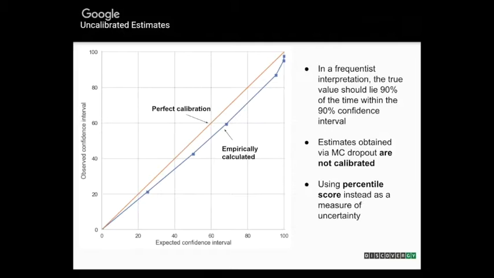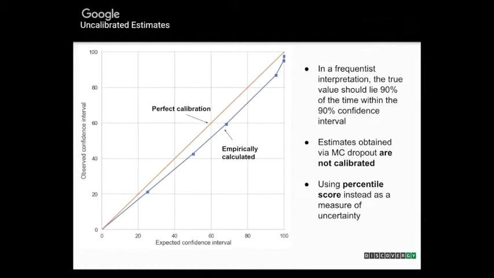So this seems promising, but the question was, are these estimates calibrated? Because if they're not calibrated, we can again start making errors. To test that empirically, you would assume that if you have a 90% confidence interval around a prediction, you would expect the values to lie within that interval around 90% of the time, right? So at least in the frequentist interpretation.